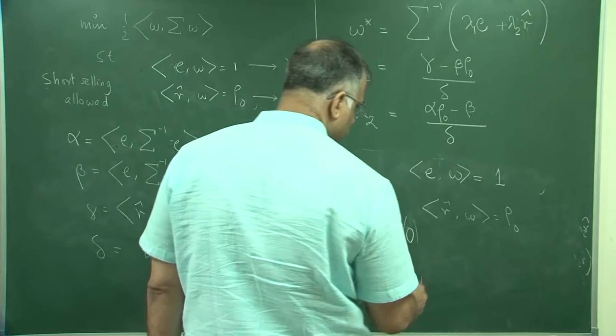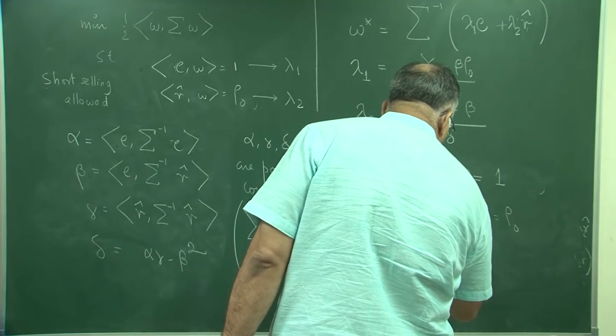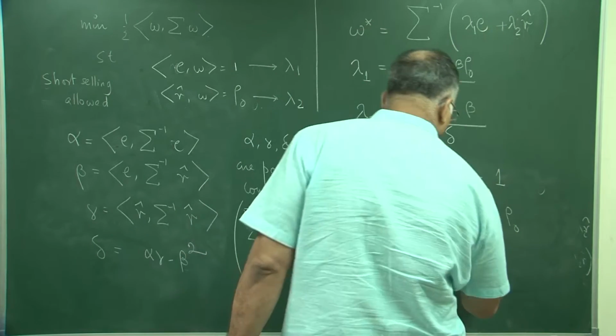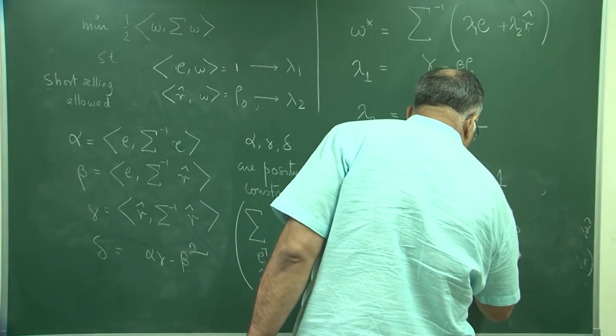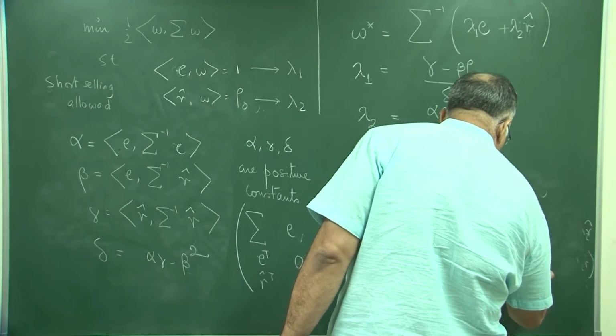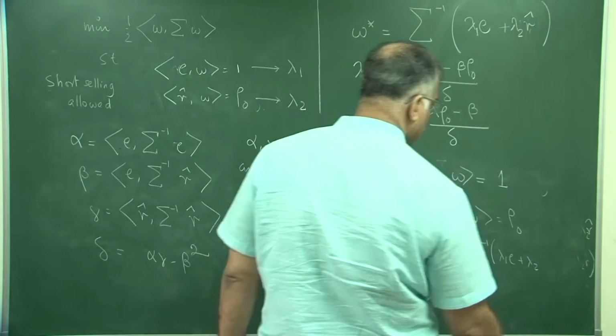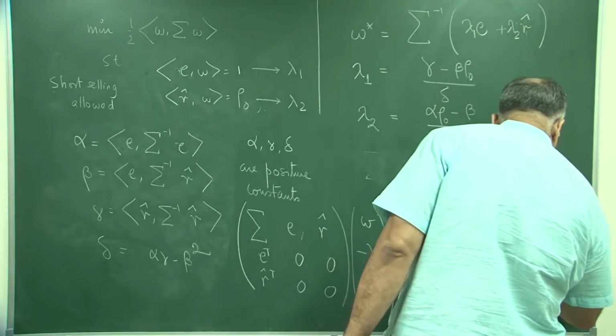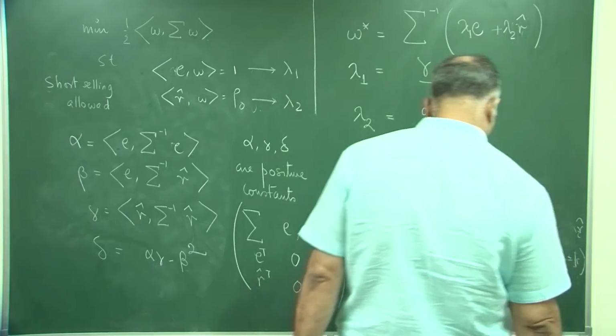So what does this give me? I will put in W star, so it is sigma inverse, lambda 1 E plus lambda 2 R hat, and that is 1.